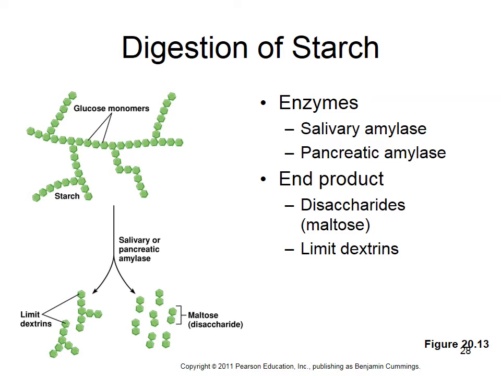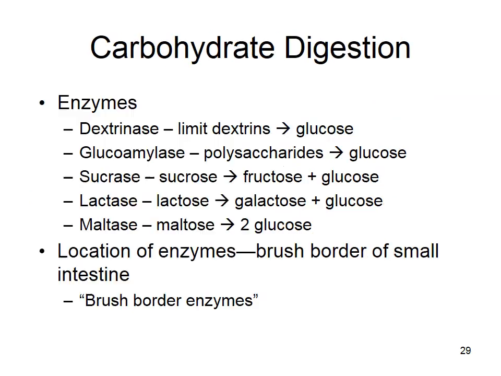All right. So if you don't chew your food very well, in the small intestine, pancreatic enzyme will do the same thing. It'll break the starch down into limit dextrins and into maltose. Then you have brush border enzymes on those enterocytes to finish the digestion of carbohydrates.